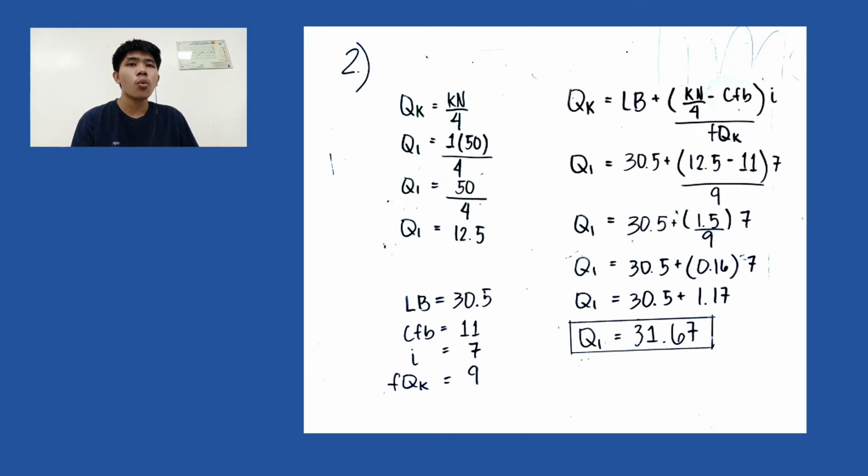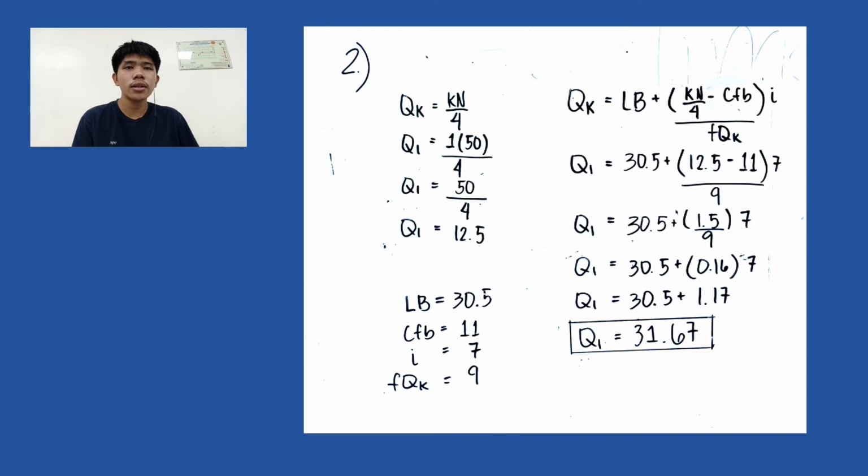So first, we will solve for the numbers within the parentheses. So 12.5 minus 11 is equal to 1.5. Now, the next step is that we will divide 1.5 by 9.